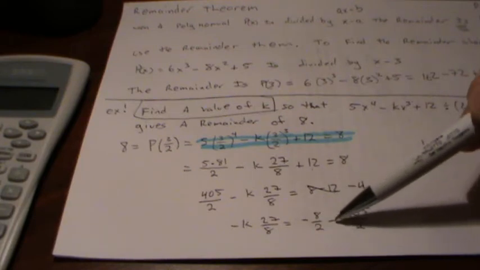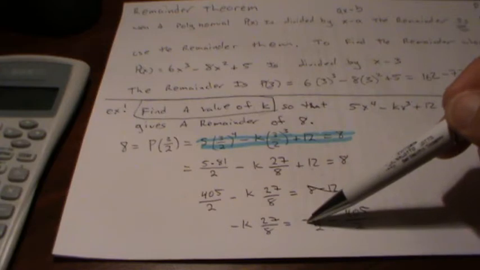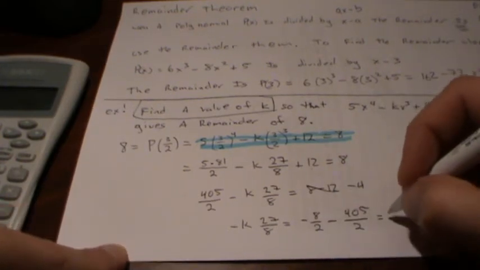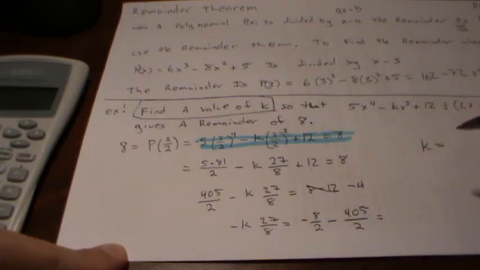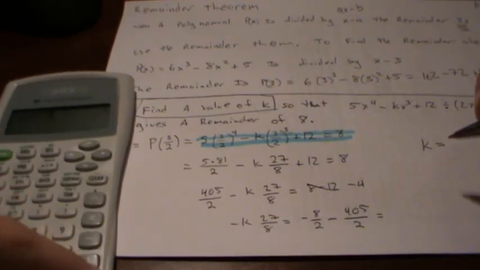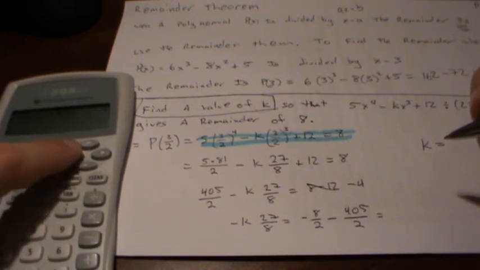So now negative 8 minus 405 is going to be equal to a negative... 405 minus 8. Oh, my calculator's all messed up here.